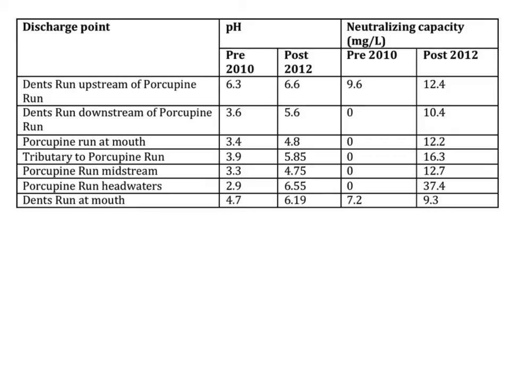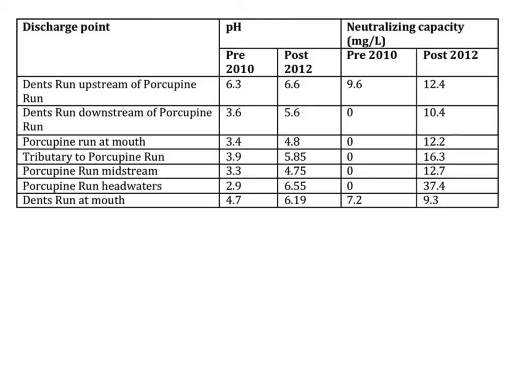This acid was neutralized. The pH was measured, the amount of acid was determined, and then calcium carbonate and other acid-neutralizing compounds were put into the watershed upstream of Porcupine Run, where the water would infiltrate into the mines but have to go through an acid-neutralizing section or pond.